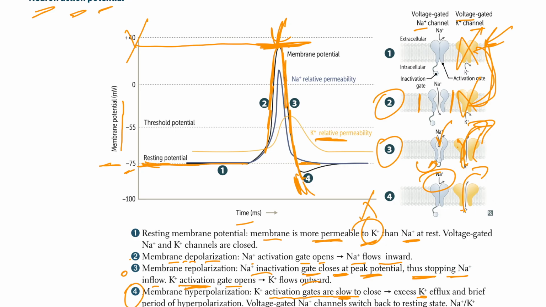Okay. The voltage gated sodium channel switches back to the resting state. Here, if you look, it went back to the resting stage in which the channel is just closed. And the sodium potassium ATPase pump restores the ion concentration. What is that? You have caused all the potassium to go out of the cell, and the sodium to come into the cell. So right now you just have sodium inside and potassium outside.